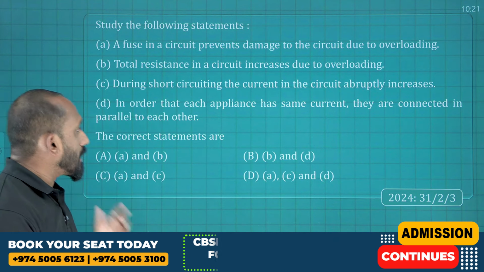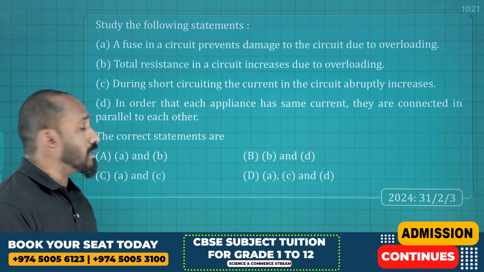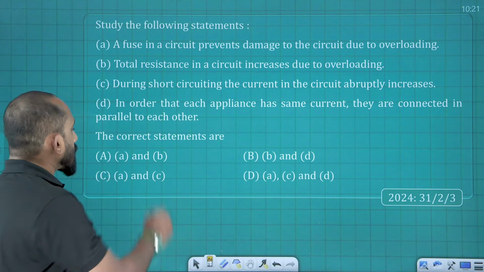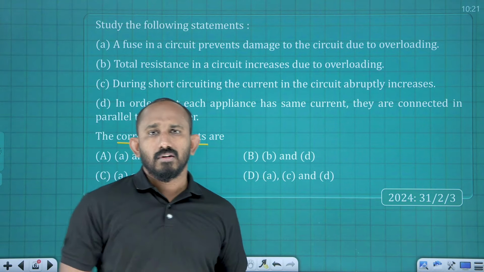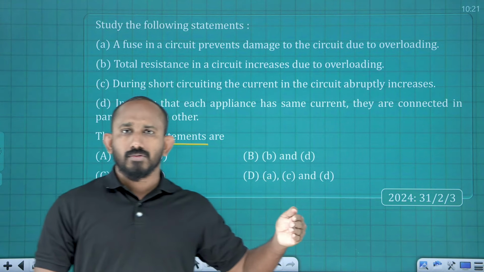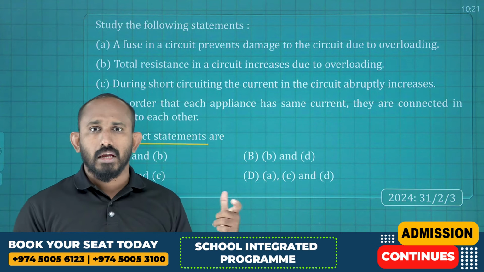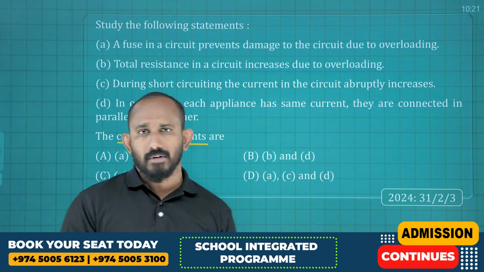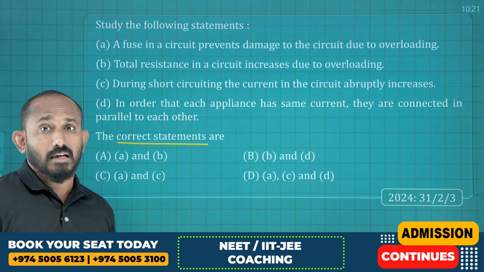D: In order that each appliance has the same current, they are connected in parallel to each other. The correct statements are, so it's regarding the parallel combination of devices. The same concept is applied in our daily life in domestic circuits. So this question you can consider as that of the magnetic effect chapter also. Here, which statements are correct?